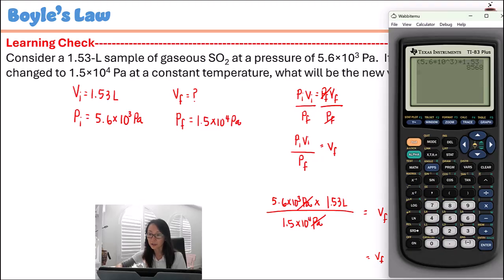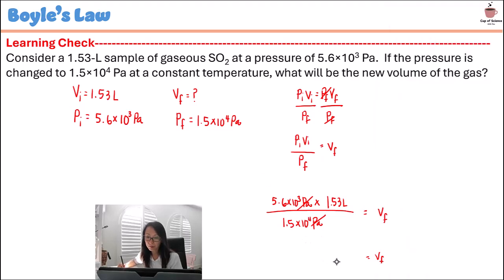And I hit enter. 8568, and then divide that by parentheses 1.5 times 10 to the fourth power. And I get 0.57. And that's my final volume.